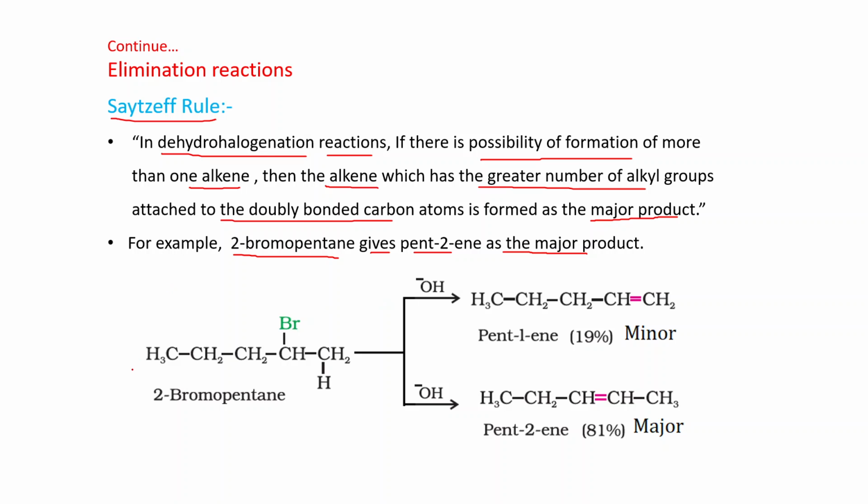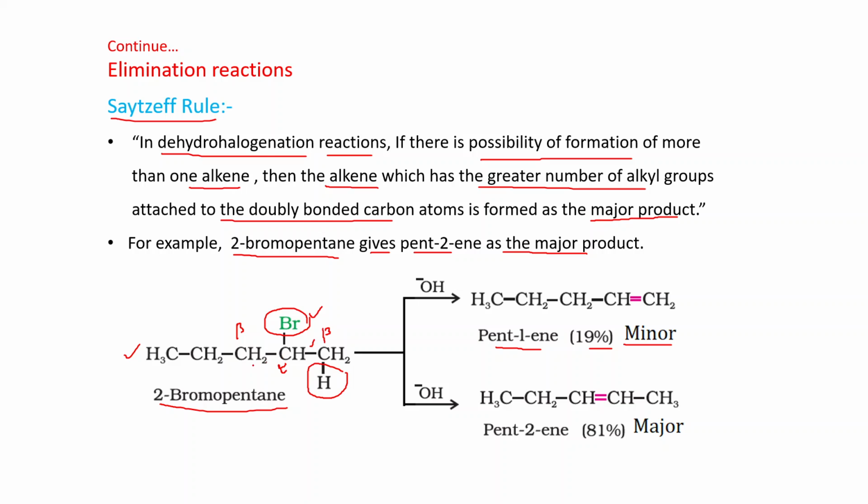You can see the structure of this 2-bromopentane. Now this is halogen attached to this carbon, that's why this is alpha, and adjacent to this is beta, and this is also beta. Okay, if this hydrogen atom is removed along with this Br, then a double bond will be created here and we will get pent-1-ene which is minor, only 19%.